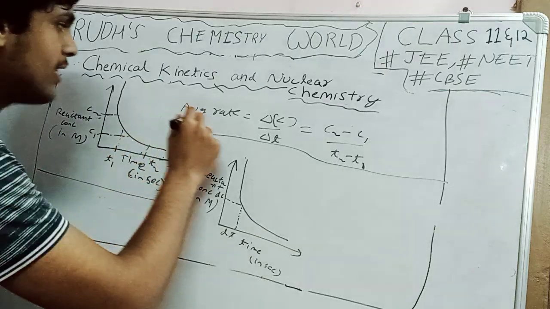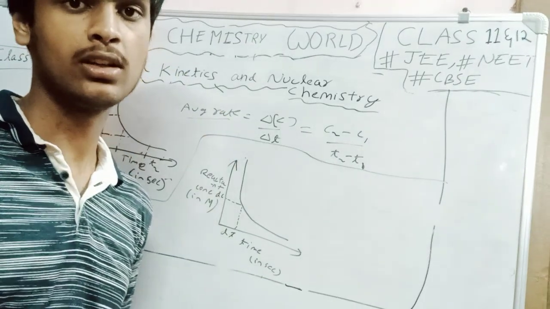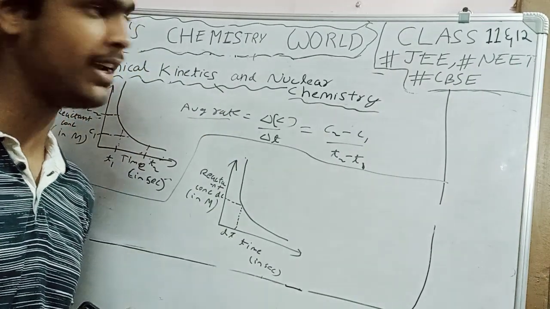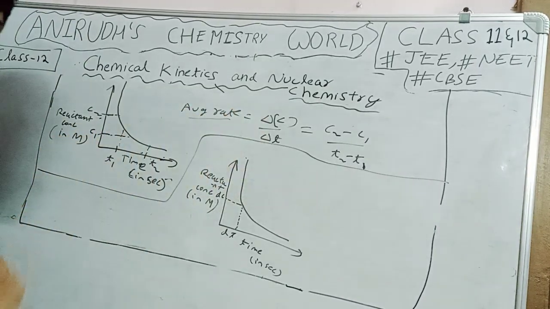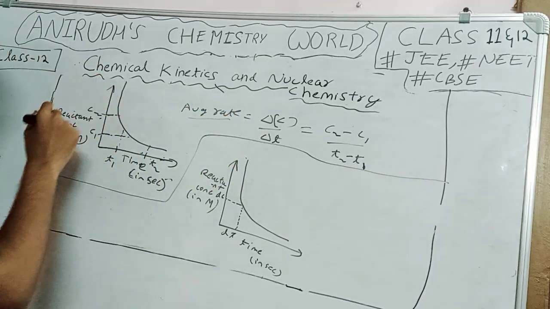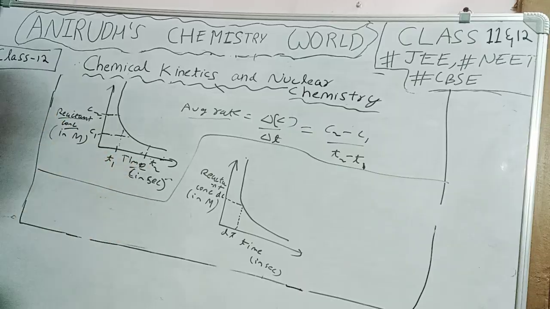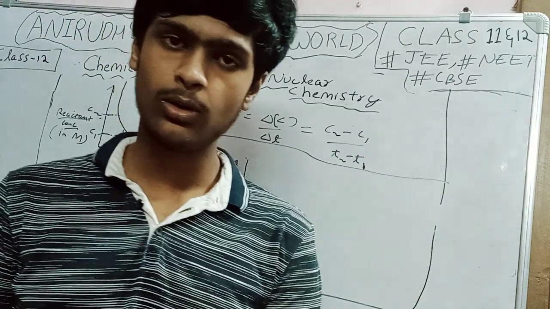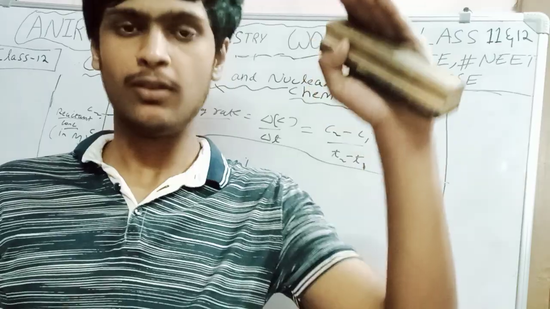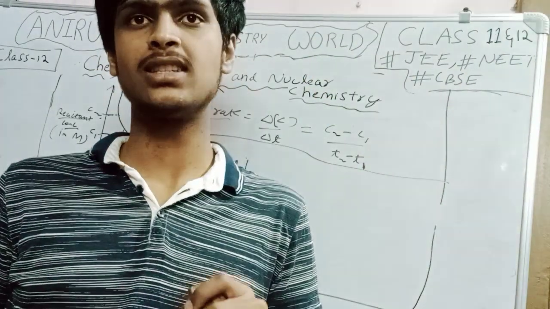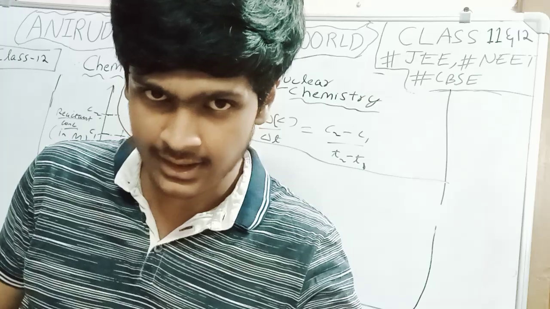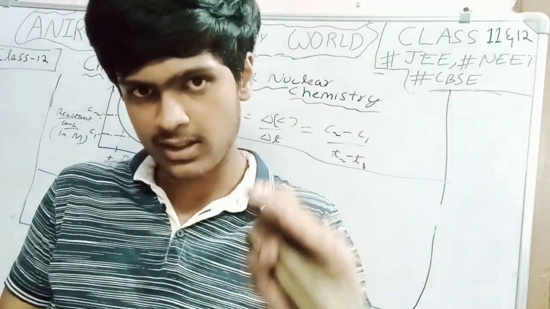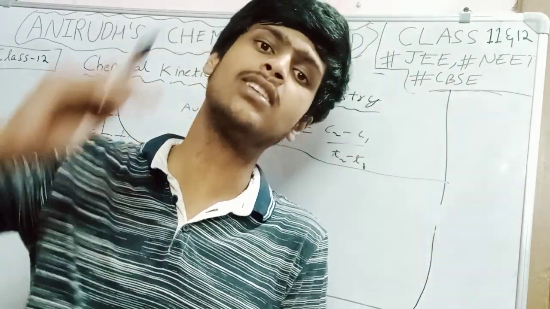If you take the average rate, the formula is delta concentration of C by delta T. Okay, delta means final minus initial. So if you plot a graph between reactant concentration and time, as I already told you, the reactant concentration will decrease with time. The rate of reaction is nothing but the decrease in concentration of reactants, or the increase in the concentration of products.